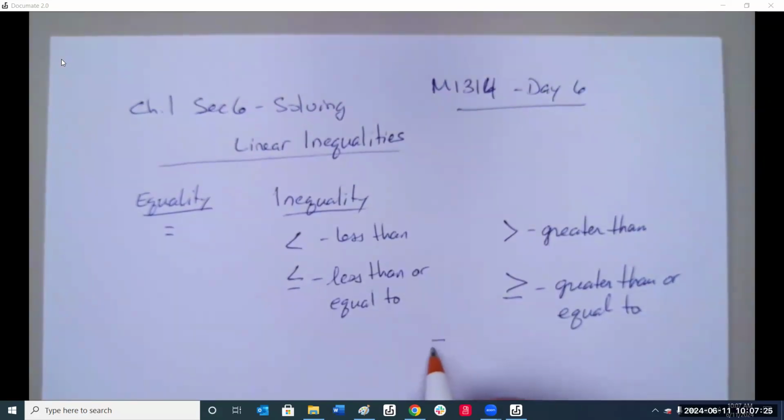And there's also another one, which is not equal to.